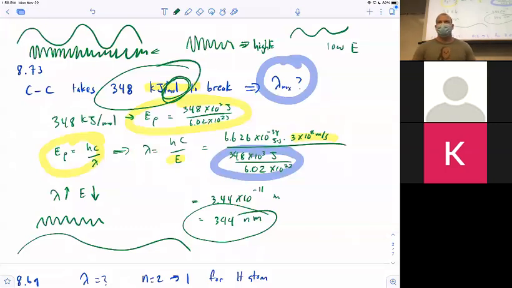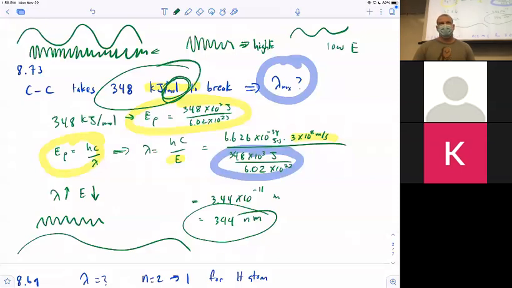Make sense? So if you take 350 kilojoules per mole, will you get a higher wavelength or a shorter wavelength? So 350 is higher energy, which means the wavelength goes down.